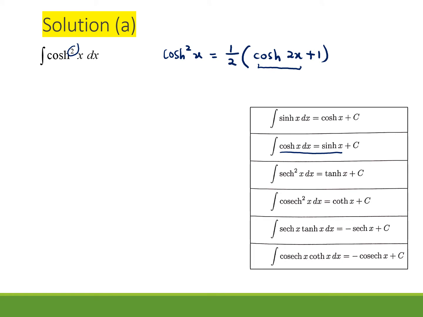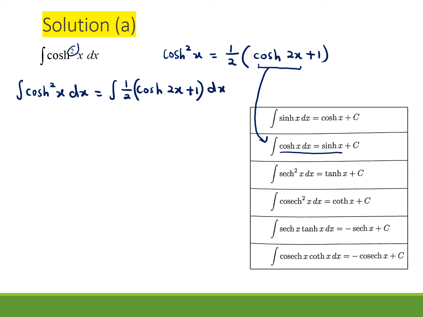And now we can solve using the integration of cos hyperbolic of x dx. Okay, then the next step is to substitute this into the form of identity. So we can integrate 1 over 2 cos hyperbolic of 2x plus 1 dx.